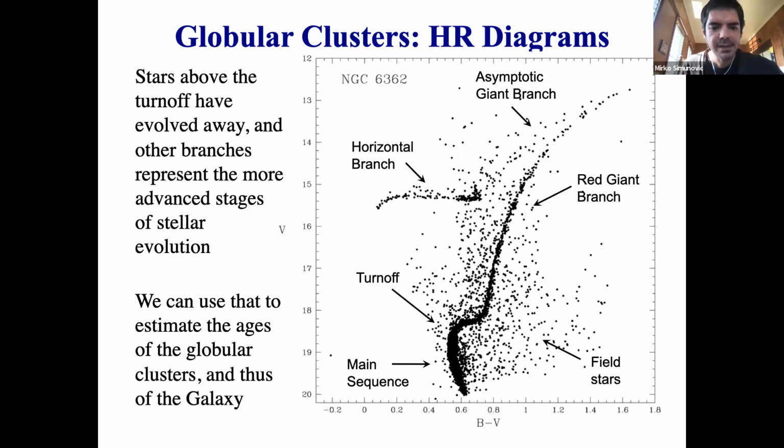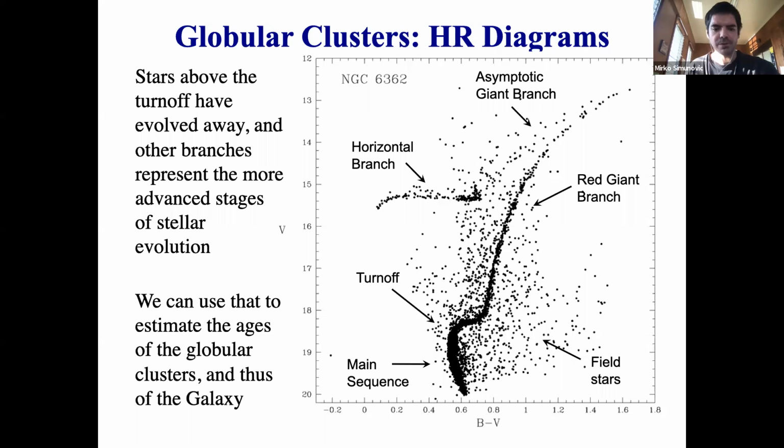And again, this is a diagram showing the color magnitude diagram, also known as an HR diagram. One very important aspect of this diagram is the turnoff point, which is near the bottom, in the middle. There's an arrow showing, and it's labeled as turnoff. That point is where stars evolve off from the main sequence.